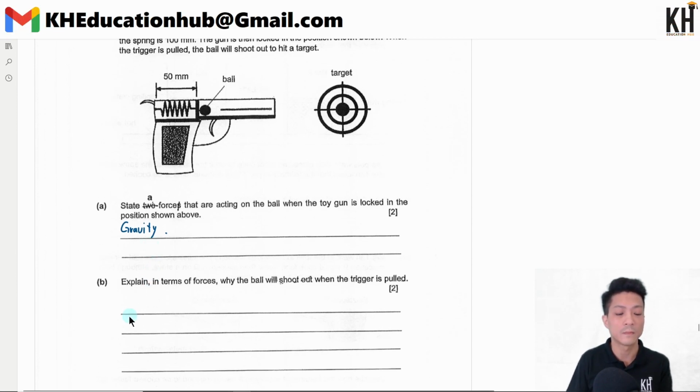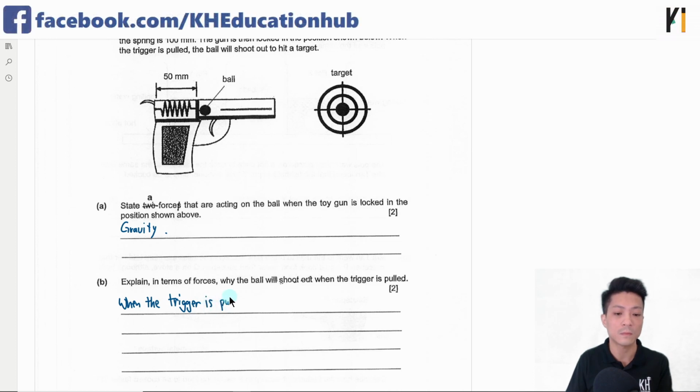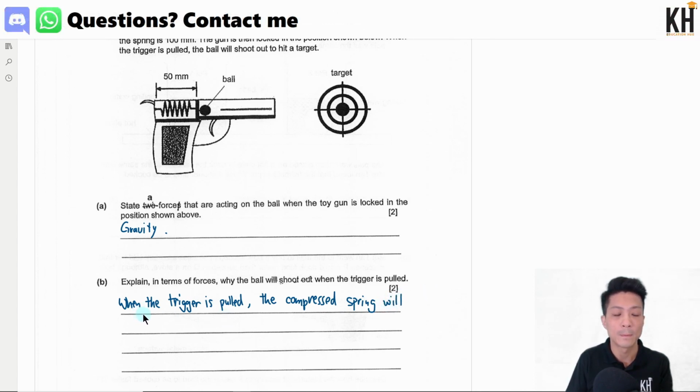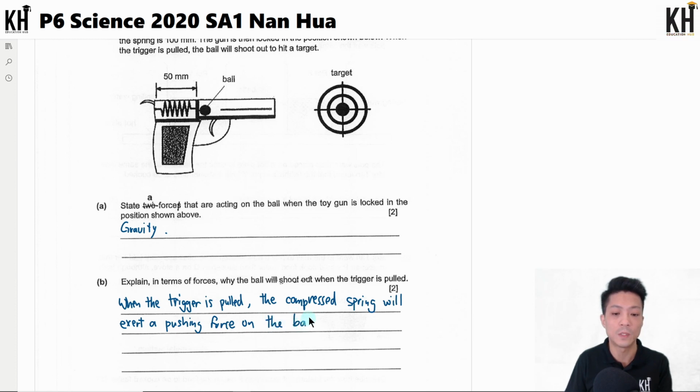Okay, when the trigger is pulled, the compressed spring will exert a pushing force on the ball.